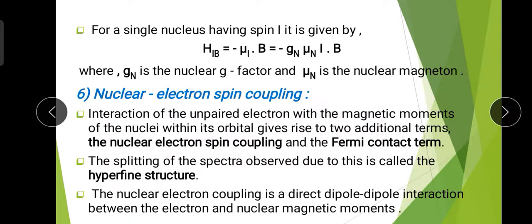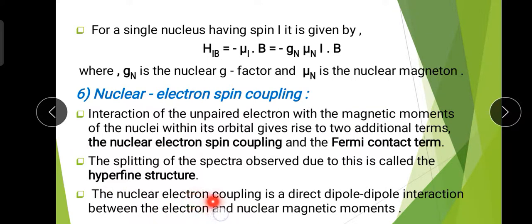This is a quantum mechanical term, that means it contributes to our Hamiltonian in terms of quantum mechanical energy. The splitting of the spectra observed due to this is called the hyperfine structure. That means due to this coupling we get a splitting of the spectra, and this splitting is called the hyperfine structure.